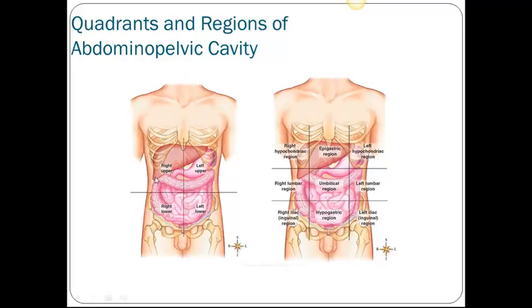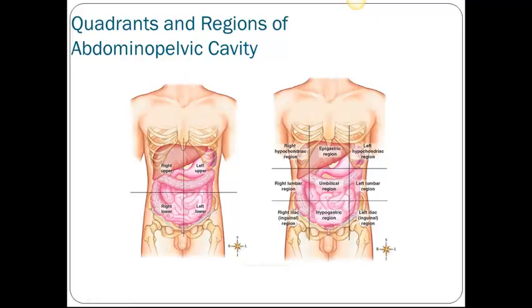We have the right upper quadrant, often abbreviated RUQ, left upper quadrant, often abbreviated LUQ, and right lower quadrant and left lower quadrant.